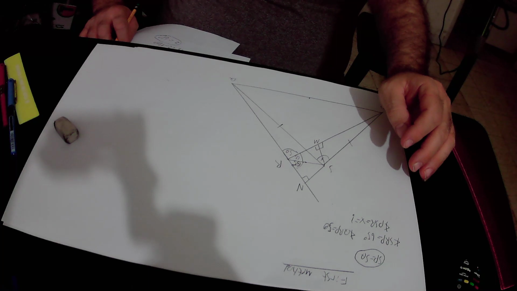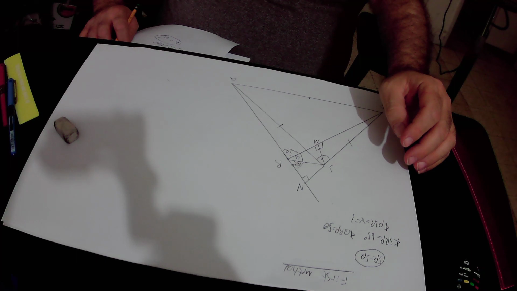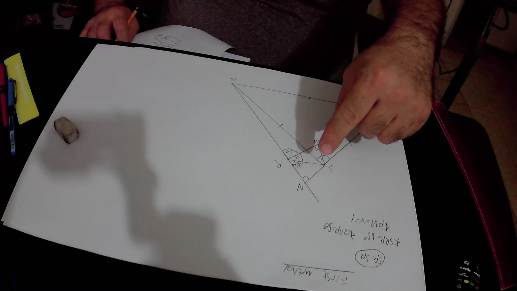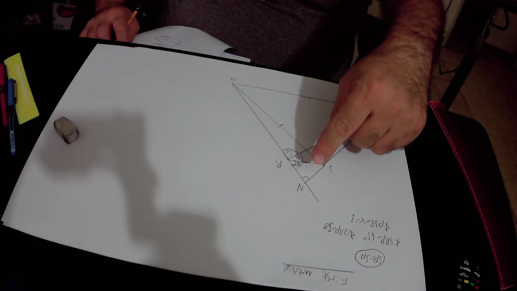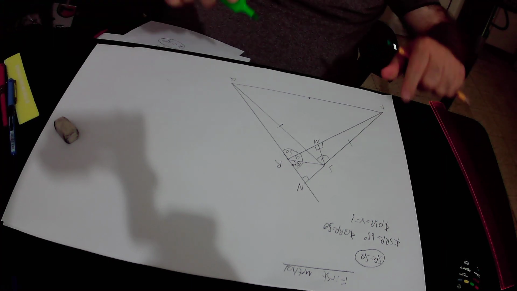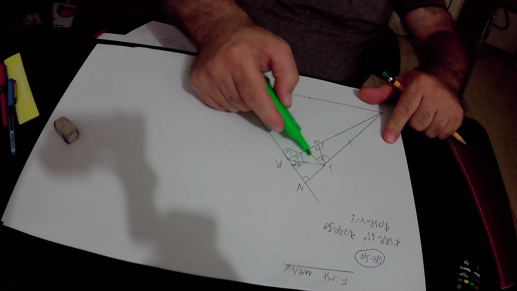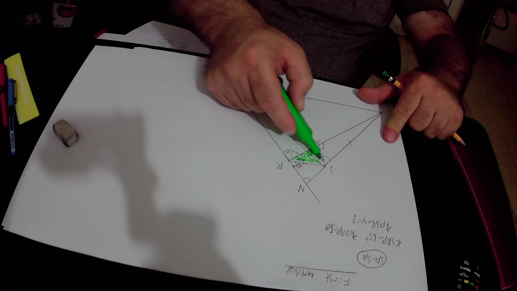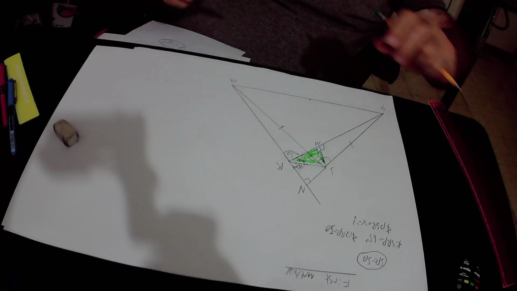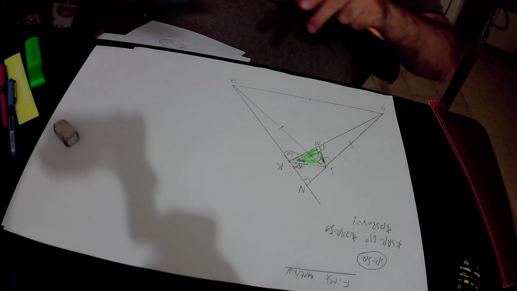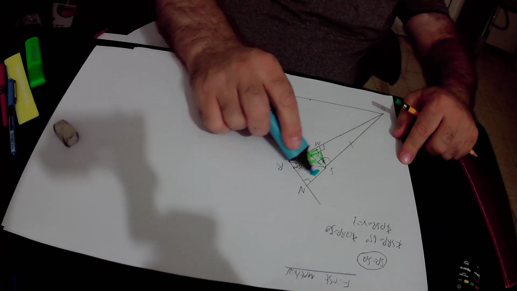So in the next step we will focus on the right triangle SMR, and we will also focus on the right triangle SNR, the blue right triangle SNR.